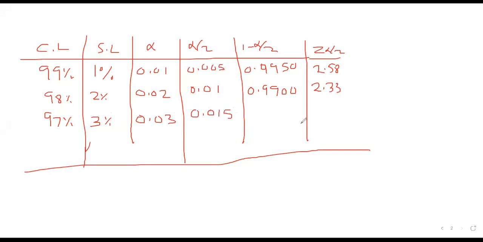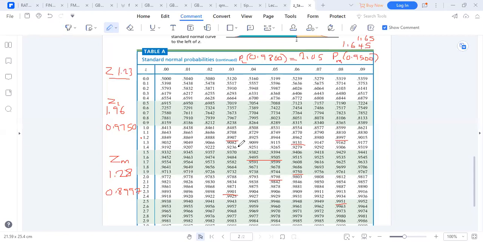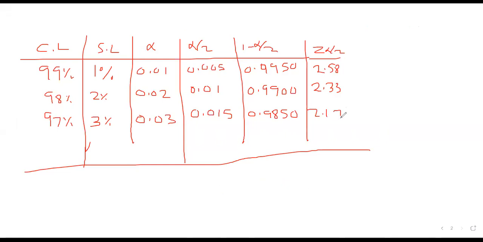Yes. Then here, 0.985. Then here, 2.17. Right?